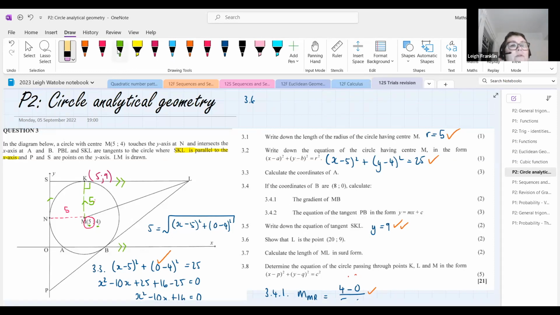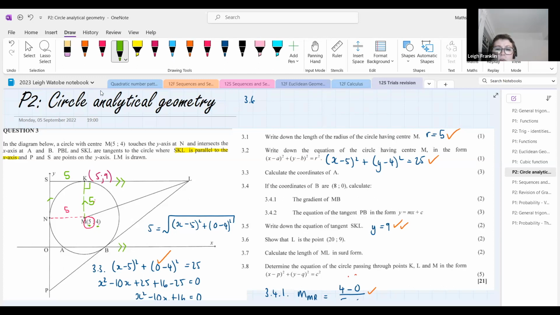We know the length of this line is 5. From S to K is 5 units. How can we work out the length of K to L? What do we have? We've got the equation.